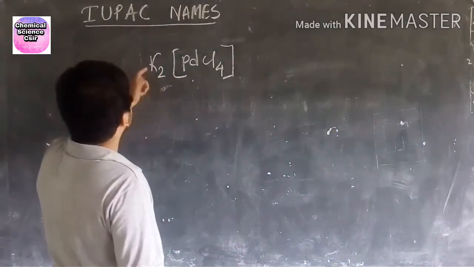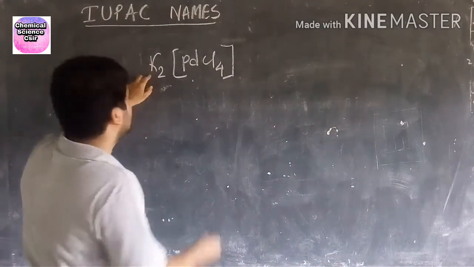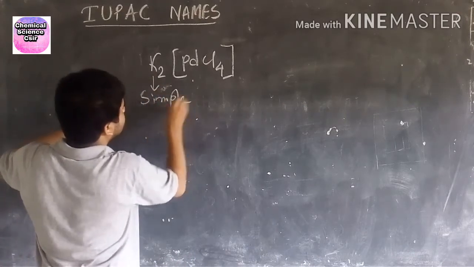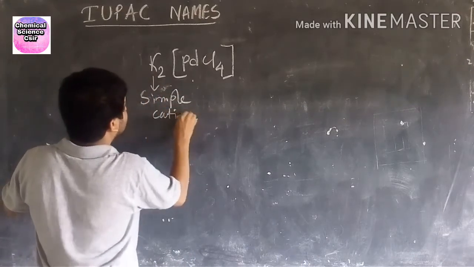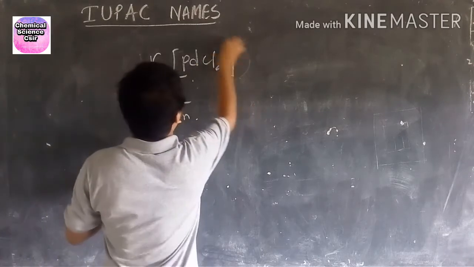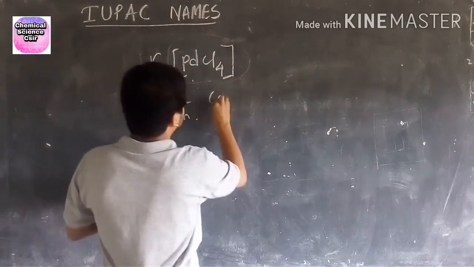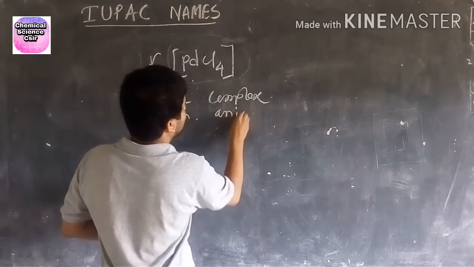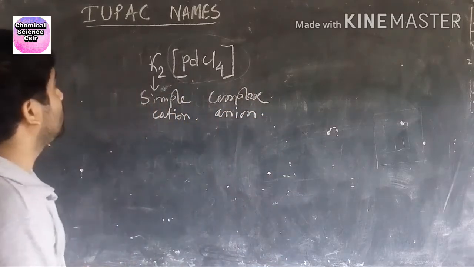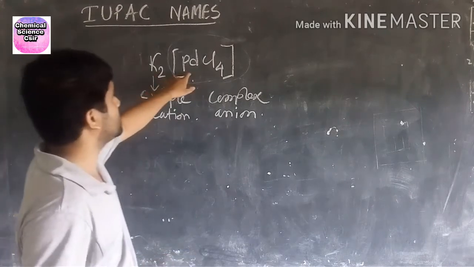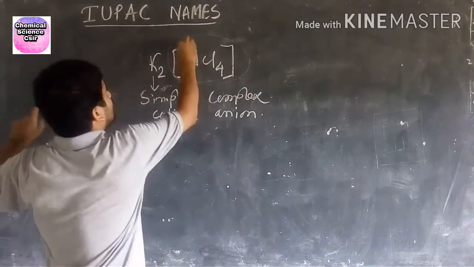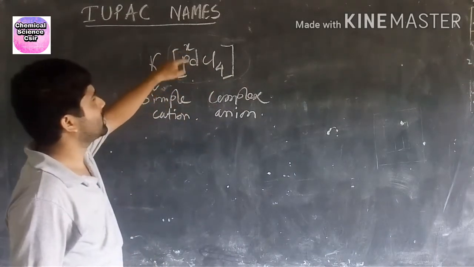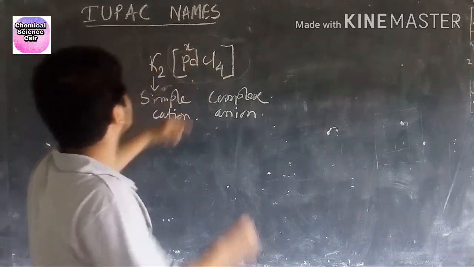This is the simple cation, and the whole other part is the complex anion. Now the oxidation number. What about the oxidation number of palladium? You don't know it, so you have to assume it is X.